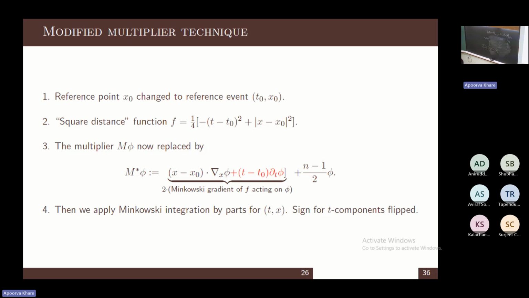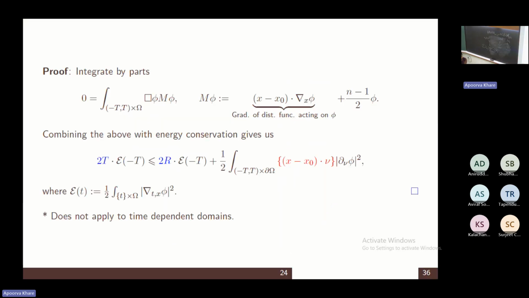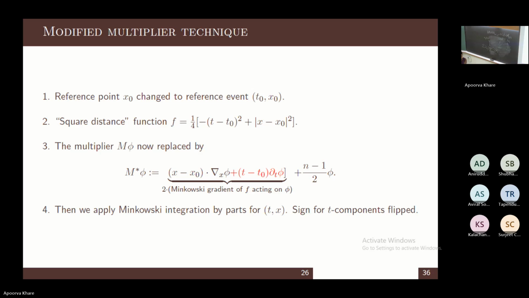Earlier, I'll go back a few slides, the multiplier was the gradient of the distance function acting on phi, but now it is the Minkowski gradient of f acting on phi. This part was already there, but this part is extra, coming from the time component. There is a minus here, but we still get a plus because you get a negative from the metric as well. Minus and minus give plus. Again, this is the same as before.